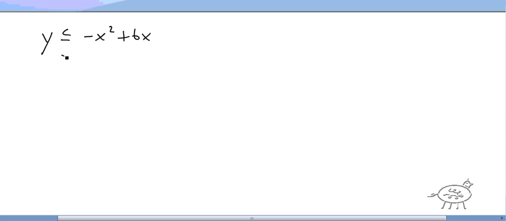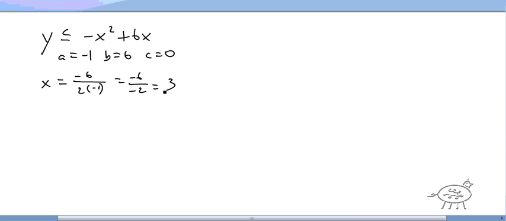Okay, so our A is negative 1, our B is 6, and C is 0. So it's x coordinate of the vertex opposite of B over 2 times A. So it's negative 6 over negative 2, which is positive 3. And then I put a positive 3 into this equation.